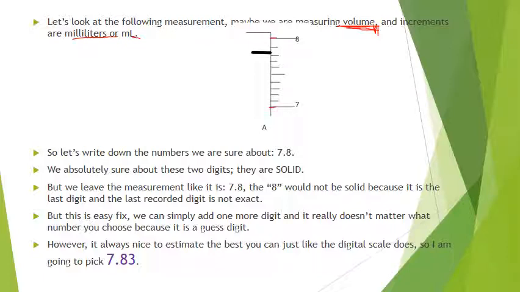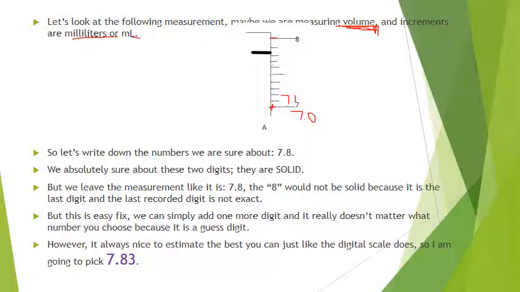So this is 7.0, 7.1, 7.2, 7.3, 7.4, 7.5, 6, 7, 8, 9, and 8.0. If you heard me, I didn't say 8, I said 7.0, I didn't say 7. And that's important here because this is 7.0, this is 7.1. Okay? And we'll talk about that in a minute.